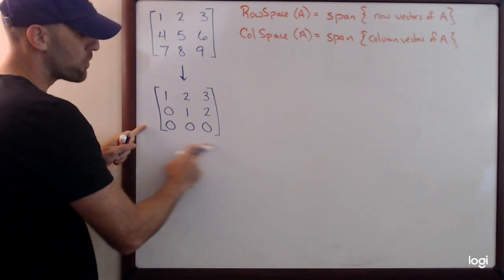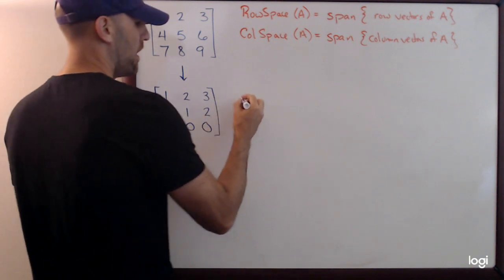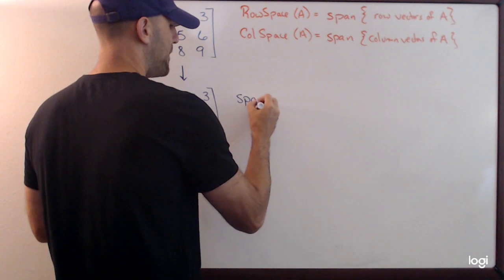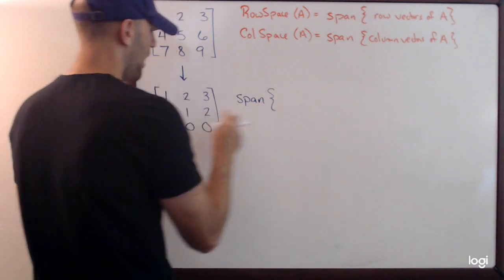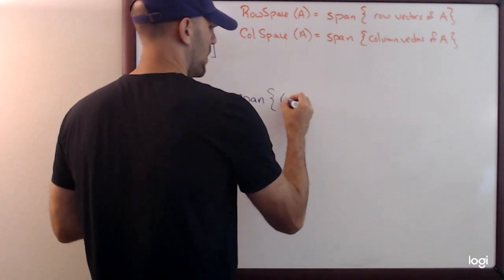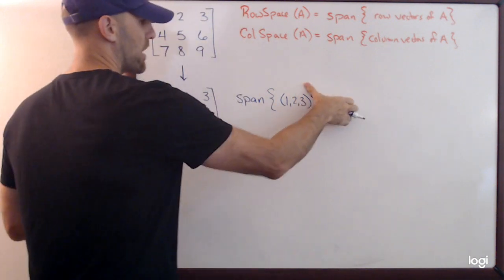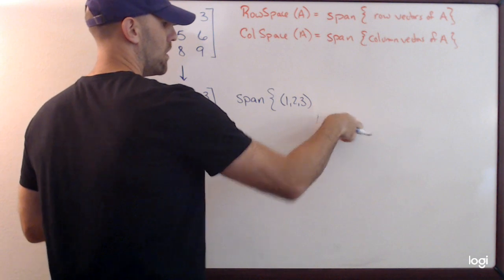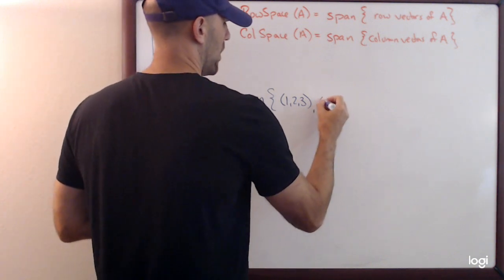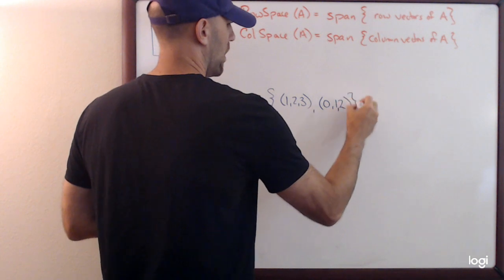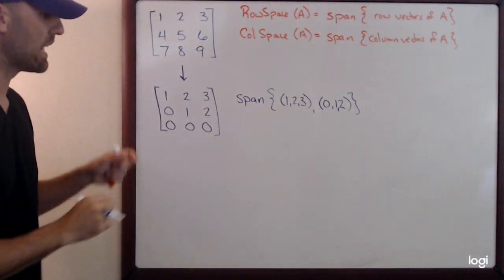And so this row space is the span of my first row and my second row. Again, I don't need the zero vector.